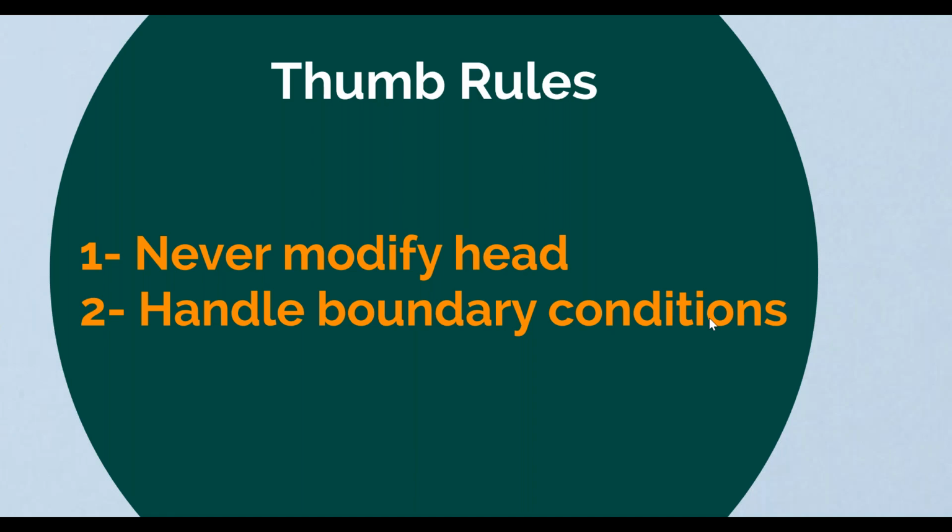So in cases where the node can be null, we need to handle that condition. And there can be cases where your linked list is empty, and even in those empty cases you need to make sure that you are handling them and finally writing your code.